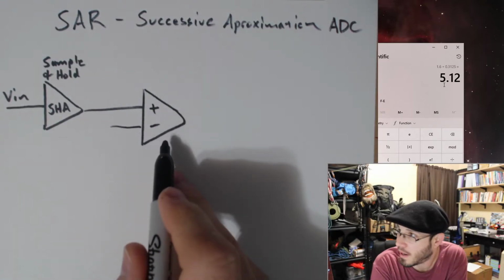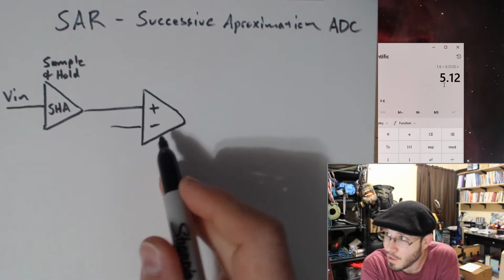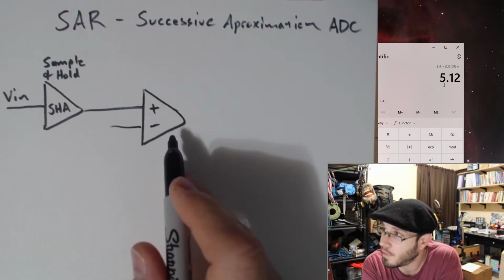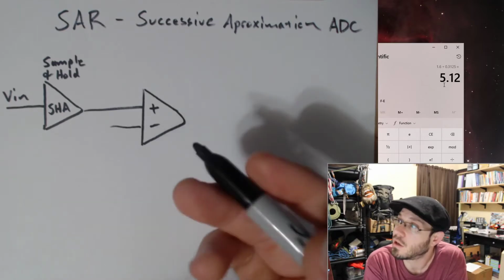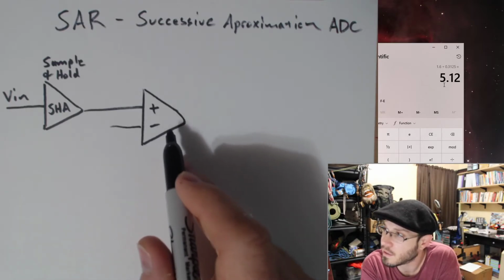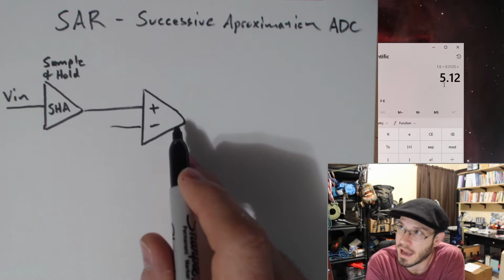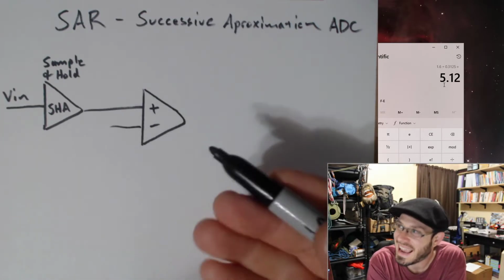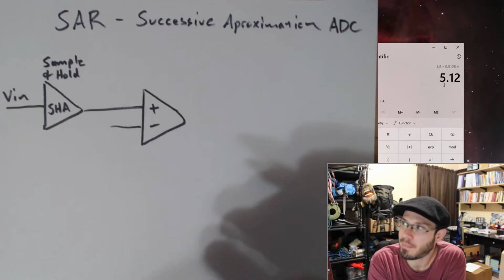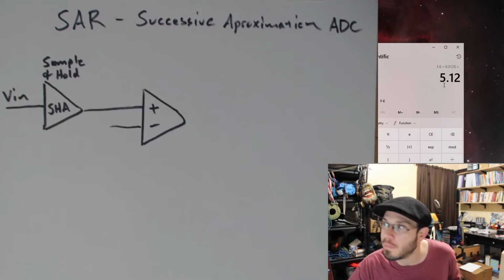Looks familiar, right? An op amp, you could use an op amp with no feedback, and you can create yourself a comparator out of this, right? We have that very high intrinsic gain associated with the op amp. We called that the open loop gain.